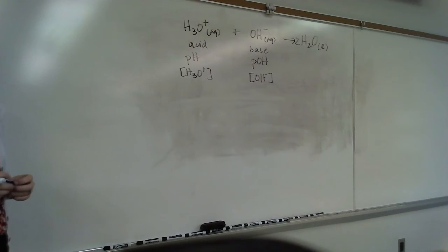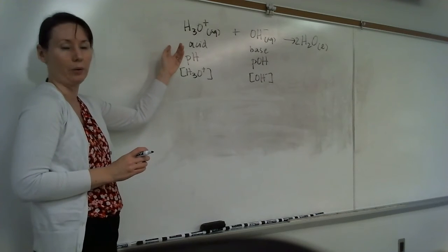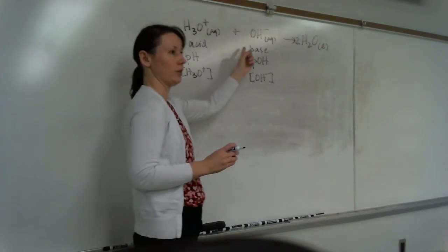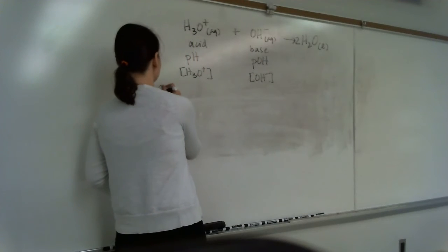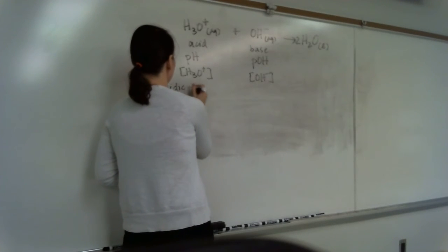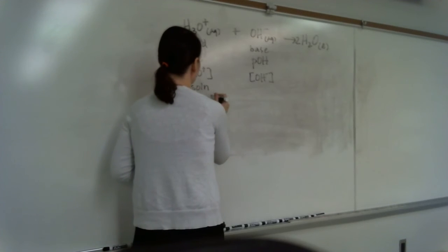Maybe you've heard of the pOH scale before, maybe you haven't. The pH scale is measuring the acid component. The pOH scale is measuring the base component. So if it's an acidic solution, there is a high concentration of H3O+.